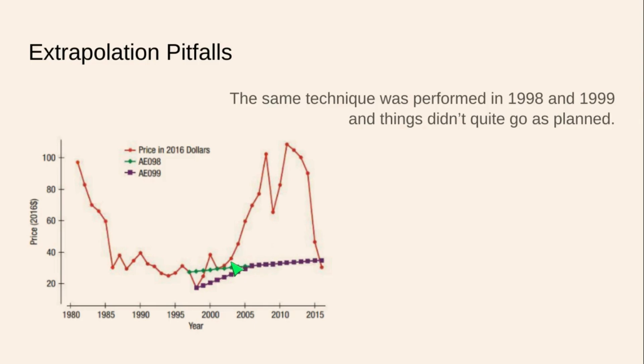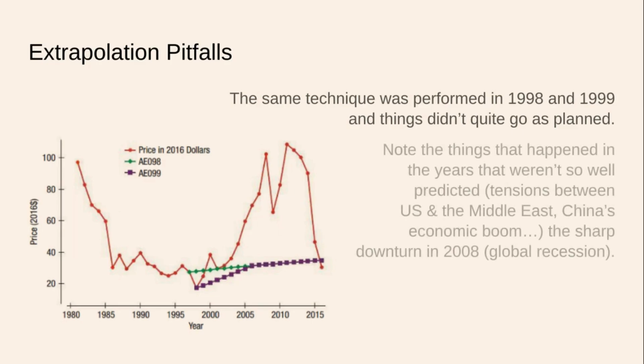You can see 1998 in the green and 1999 in this purple, and things didn't go quite as planned either. Here's 1982 over here. They could have learned back then that this was not a winning strategy, but they didn't. They tried again, and they were almost more wrong on both occasions.